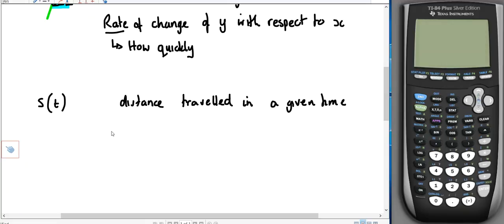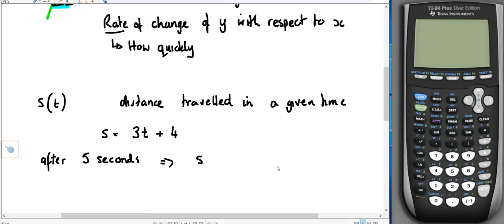So if I said, we haven't actually got a function, but let's say s equals 3t plus 4, for example. How would you use that? I would say after 5 seconds, we would find the distance travelled.